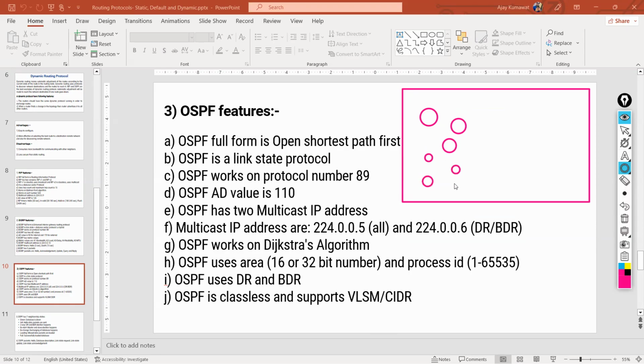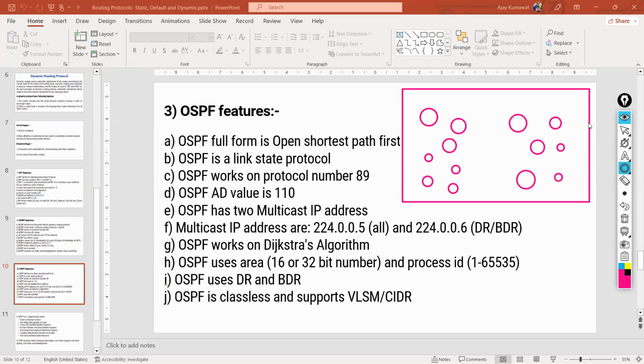This is one autonomous system, and in this autonomous system you have multiple areas. Now these can be hundreds of routers; I have drawn only a few.